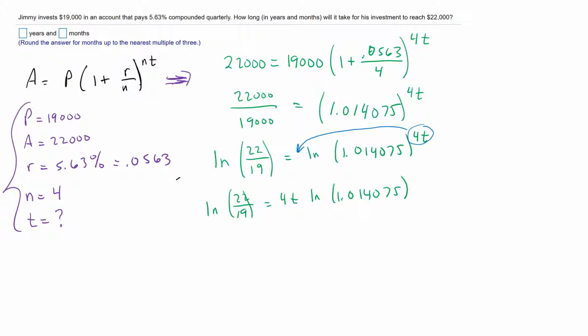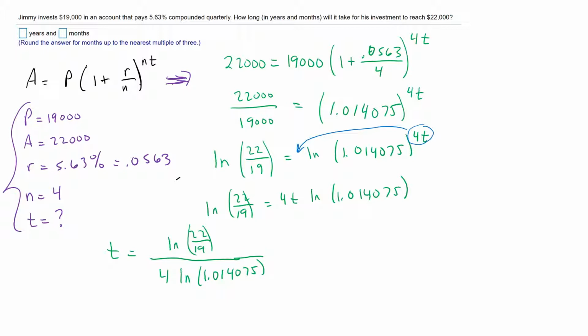Now we can solve for t. To solve for t, we need to divide both sides by 4 and divide both sides by the natural log of 1.014075. So t would equal natural log of 22/19 divided by 4 natural log of this big decimal number.